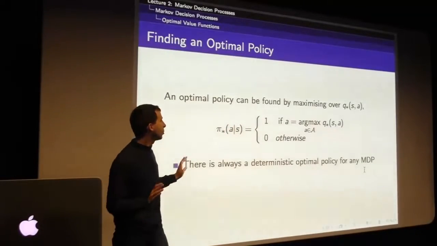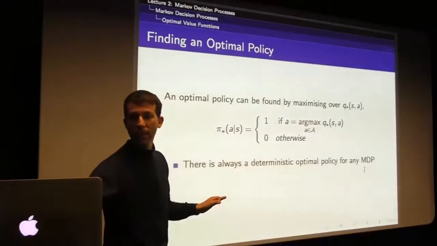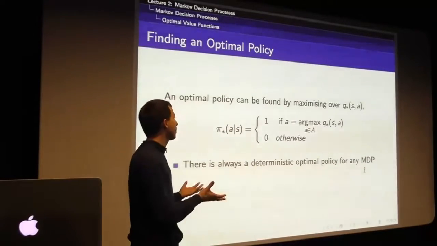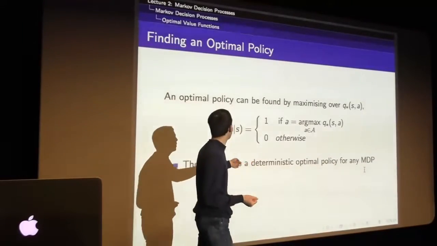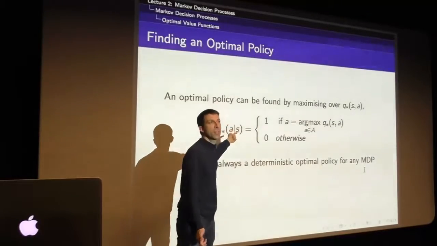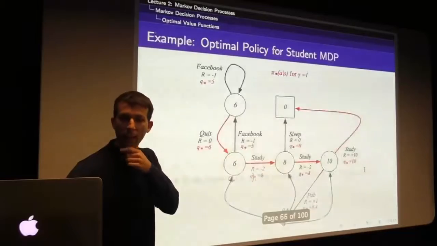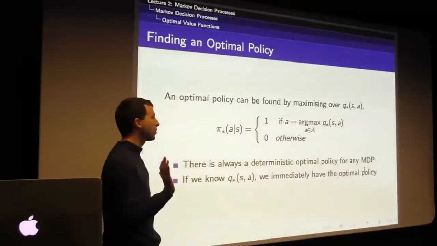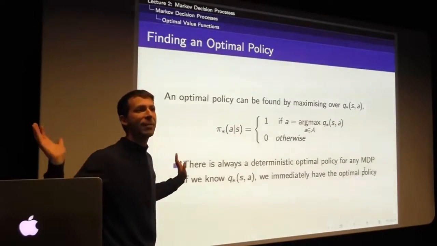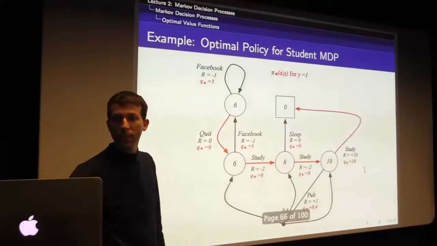And there is always a deterministic optimal policy. So not only is there an optimal policy, but there's a deterministic optimal policy, and this gives you one such policy. The good thing about this is, once we've got Q star, we're done. The game is solved. We're happy.